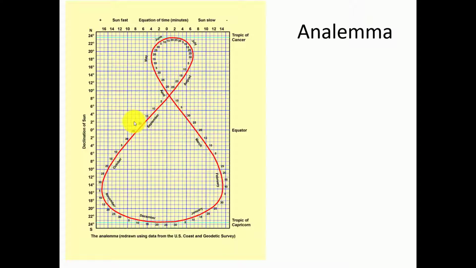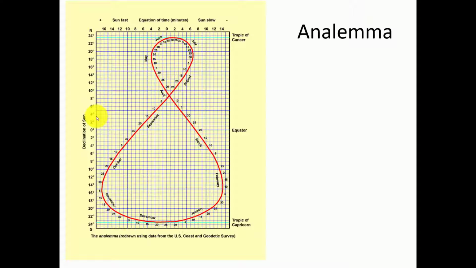Using your lab manual, you can use a ruler or a piece of paper and line it up, and you would notice that September 15th is approximately here at this line, which is halfway between 4 degrees and 2 degrees north. So on September 15th, the declination of the sun is 3 degrees north.